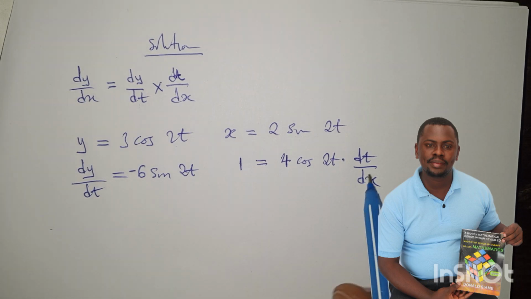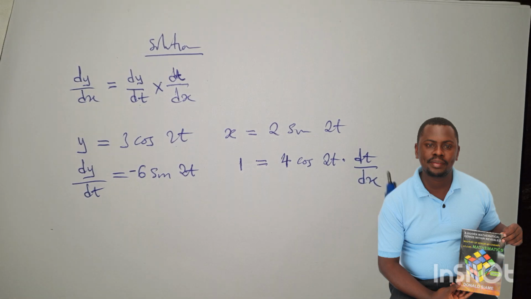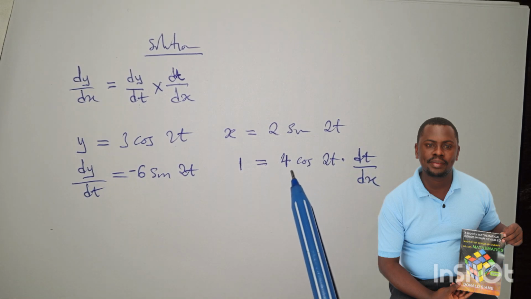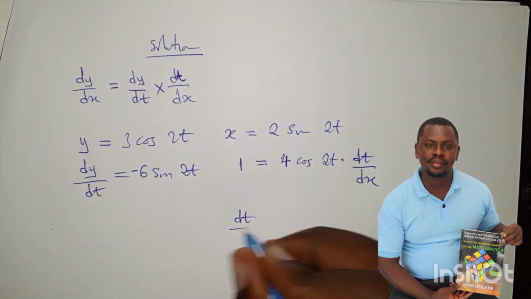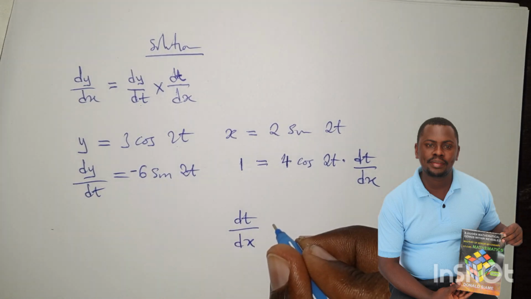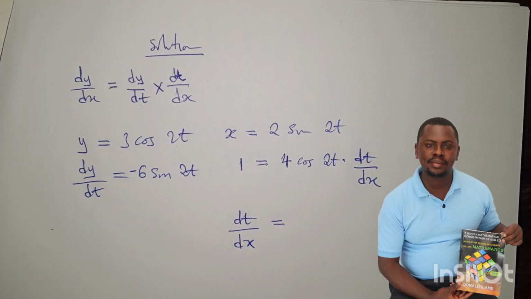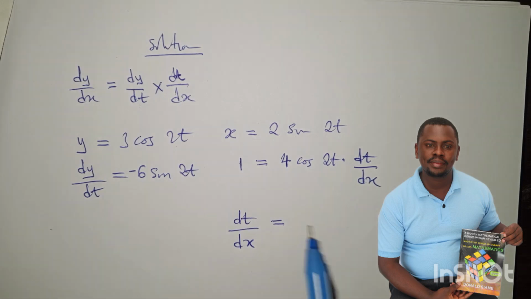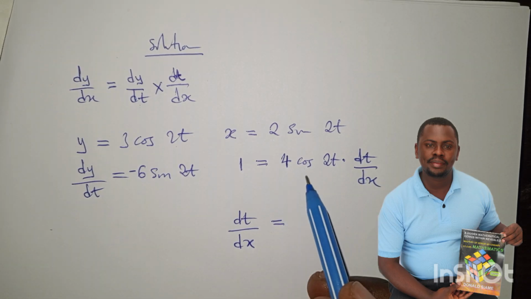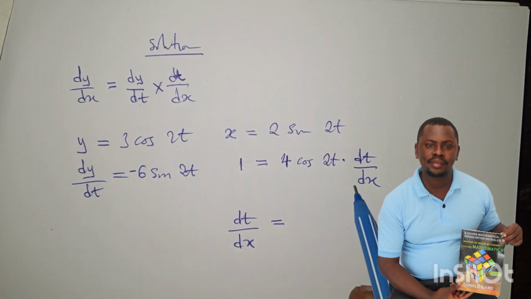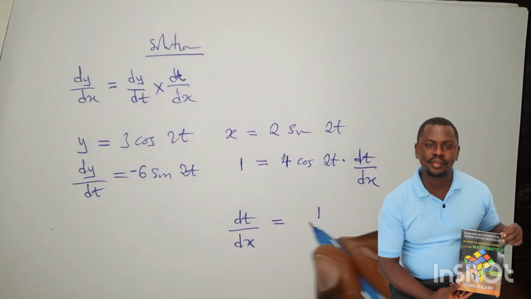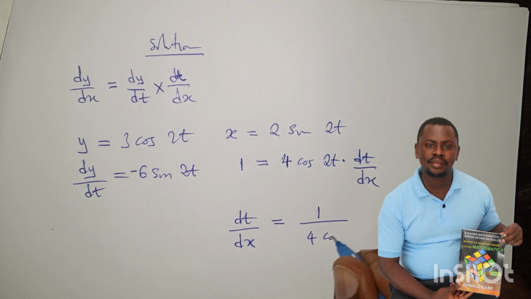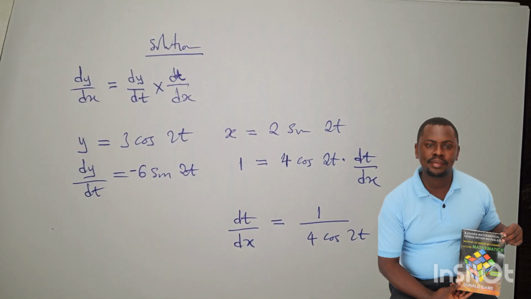Then we need to make dt/dx the subject of the formula. If we remain with dt/dx here, it means we have to divide by 4 cos 2t throughout the equation. So we are going to have dt/dx is equal to, you divide by 4 cos 2t throughout, so 4 cos 2t over here will cancel out this 4 cos 2t, and this side we are going to have 1 over 4 cos 2t.